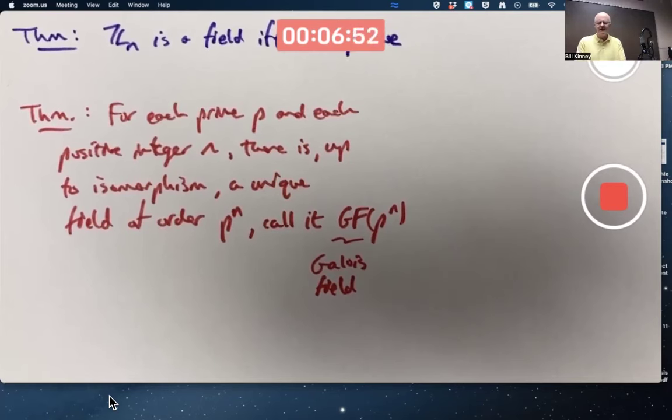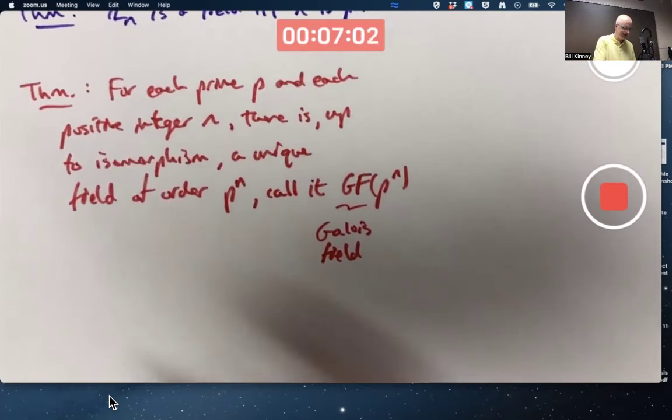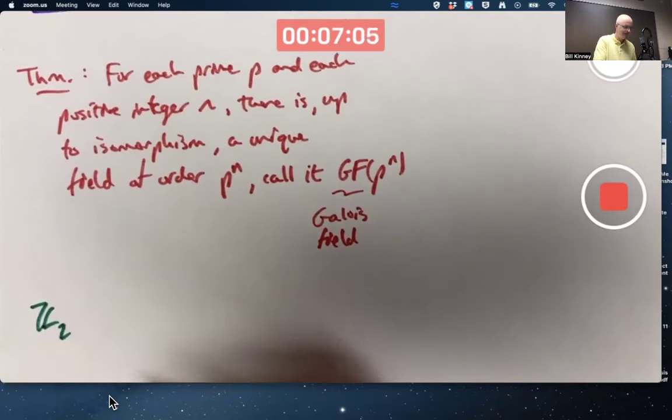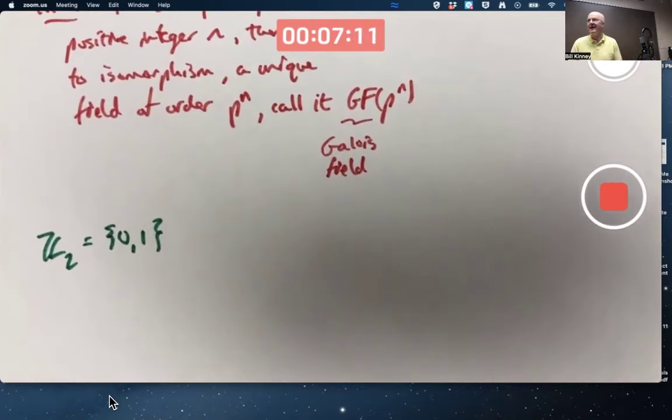Okay? So let's start simple and try to construct some small finite fields. Start with the simplest that we really already know, Z2. It's just got 2 elements, and that in fact is the smallest field. We were wondering about this last week. There is no such thing as a trivial field.